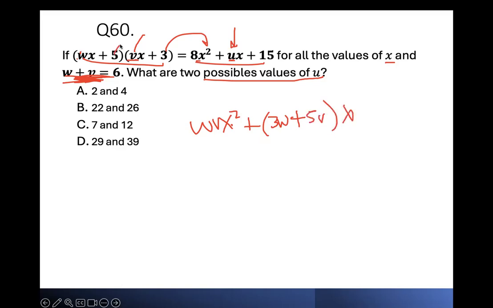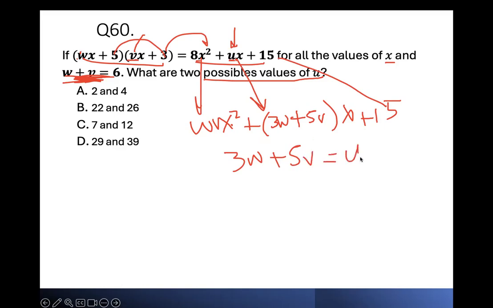And then the product of the solution is the 15. You see? That's why this is equivalent to that. This is equivalent to that. And this is equivalent to that. This is going to help you answer questions quickly. That means 3W plus 5V, right, is U.